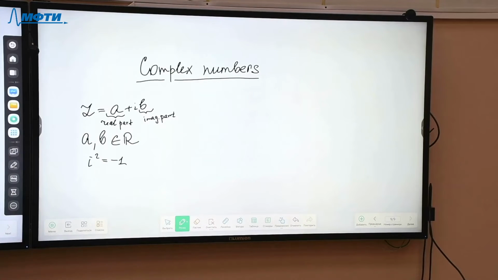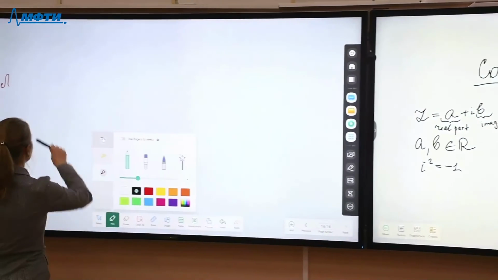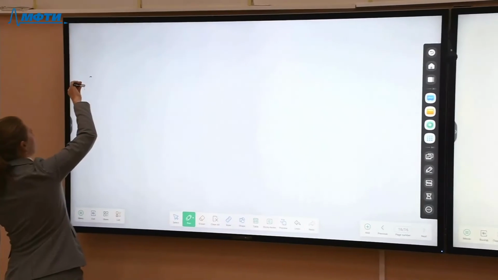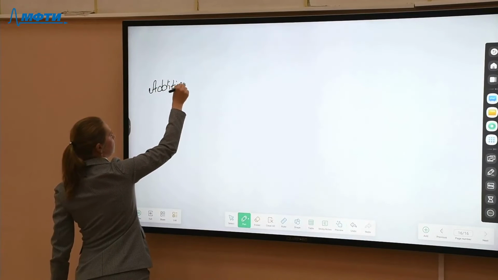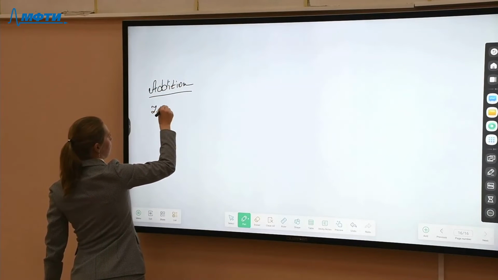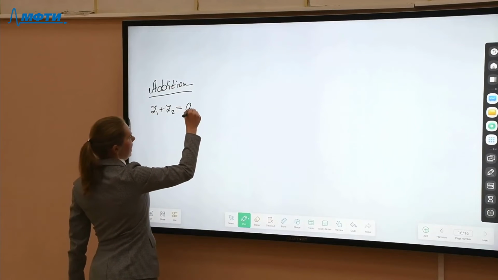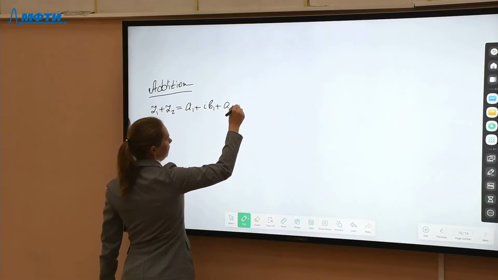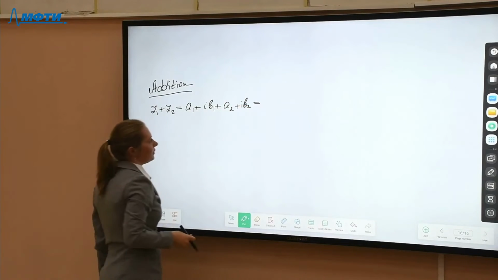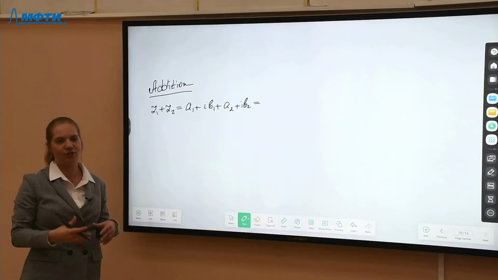Okay. If we want to add two complex numbers, z1 plus z2, where z1 is a1 plus i b1 and z2 is a2 plus i b2, we need to sum the imaginary and real parts of each number.